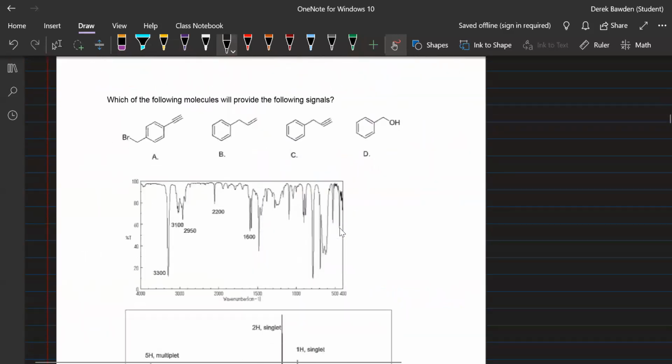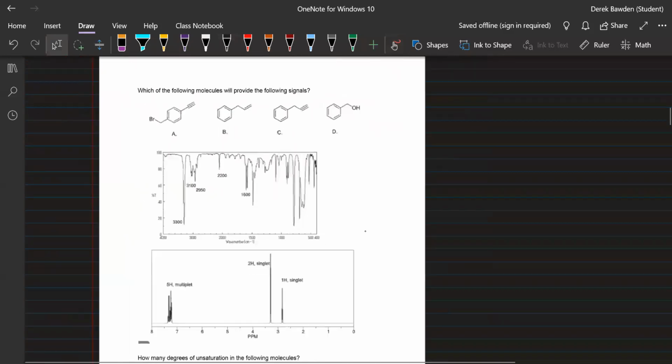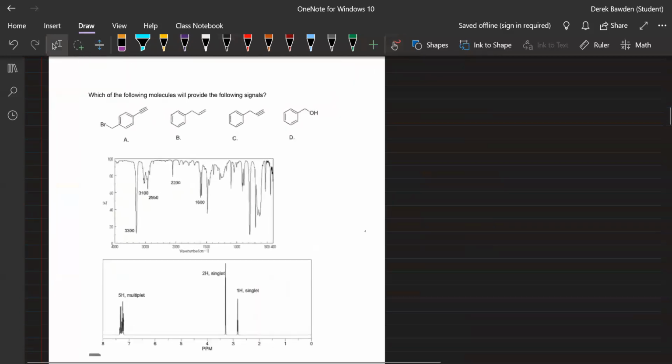All right. Which of the following molecules will provide the following signals? So we want to look at our graphs here below and determine which molecule is represented here. First of all, let's look at our IR graph and pick out the important parts of it.